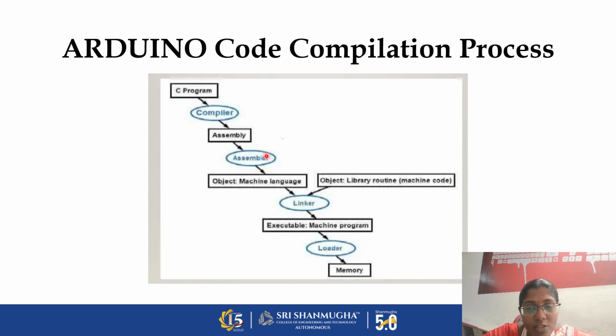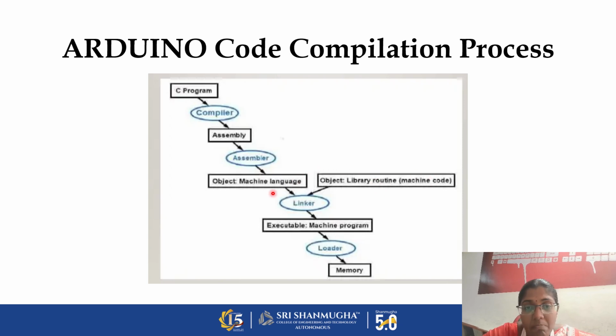What is the job of the assembler here? The assembler converts the assembly language code into machine language code, and this program alone is not sufficient to run on your Arduino board. Along with it, you have to include the library routines, which are also included as machine code.